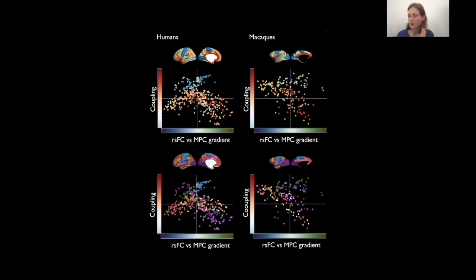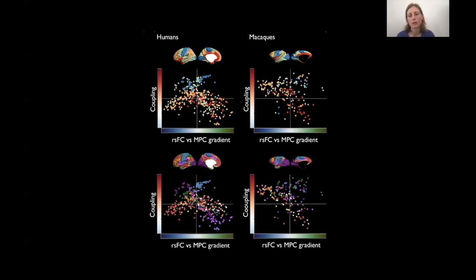So taking these two ways to describe the relationship between structure and function together, and then mapping the cytoarchitectural classes upon them and comparing humans and macaques, I created this model where you see that you have four quadrants and two uncoupled quadrants in humans, namely this quadrant that is higher in resting state functional connectivity, and that one that is higher in microstructural profile covariance.